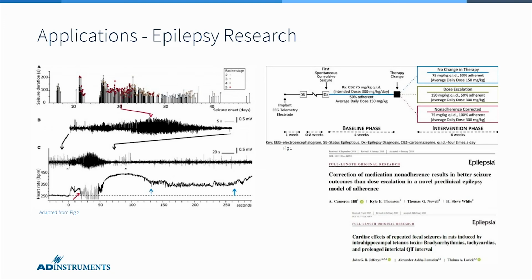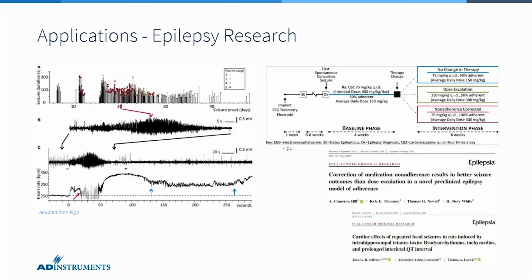You can see that he was able to record for 50 days from the telemeters and capture a really large number of seizure events, each of which they were able to analyze and look at the effects on heart rate during those seizures too.